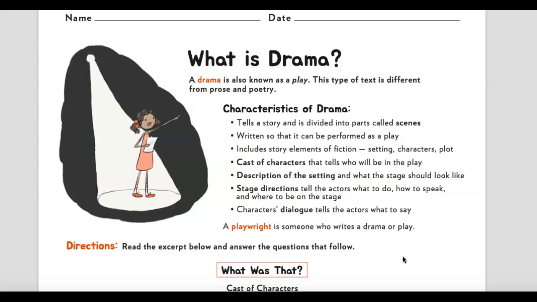And then there's stage directions, which tell the actors what to do, how to speak, and where to go on stage. And then characters' dialogue tells the actors what to say. So a playwright is someone who writes a drama or play. Instead of being called an author, they're called a playwright.